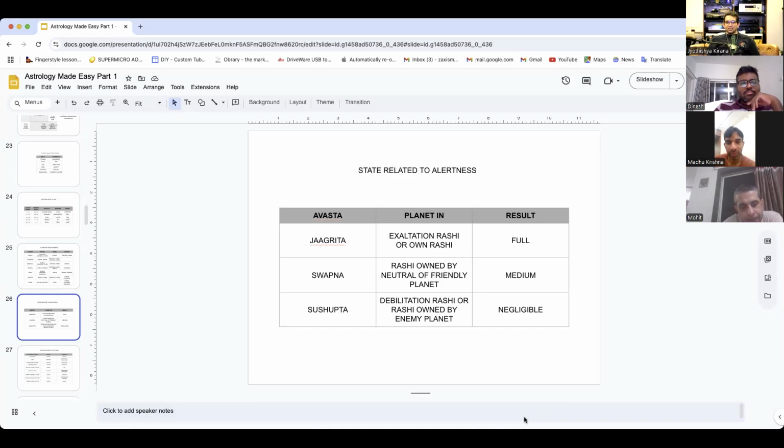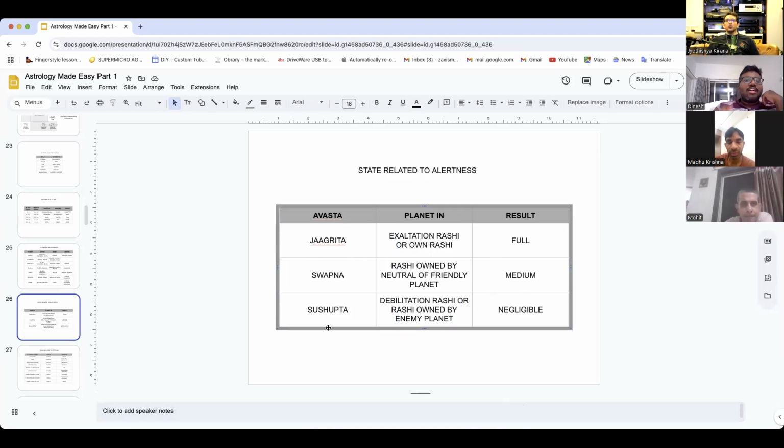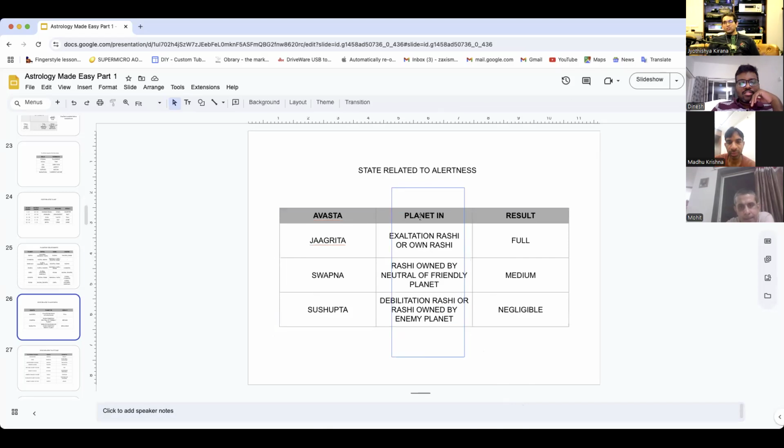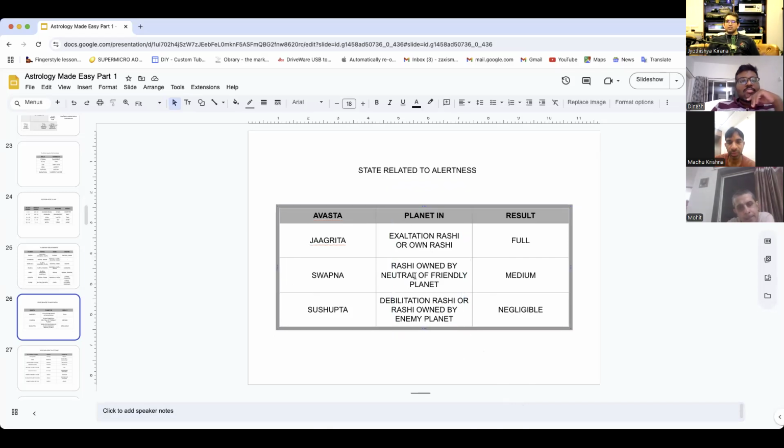But that cannot happen. It's not that easy, because there's a definition for this. When a graha is in exaltation, it will be Jagrata. So now we'll come to the definition part of it. I just told you the quality of Jagrata, Swapna and Sushupta. But there are conditions, and you have to understand when they apply.